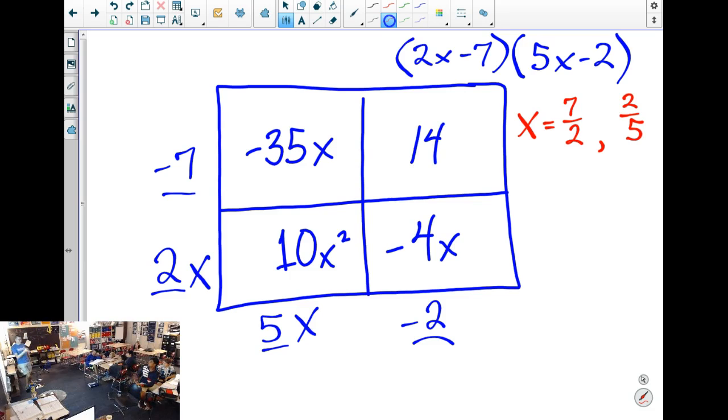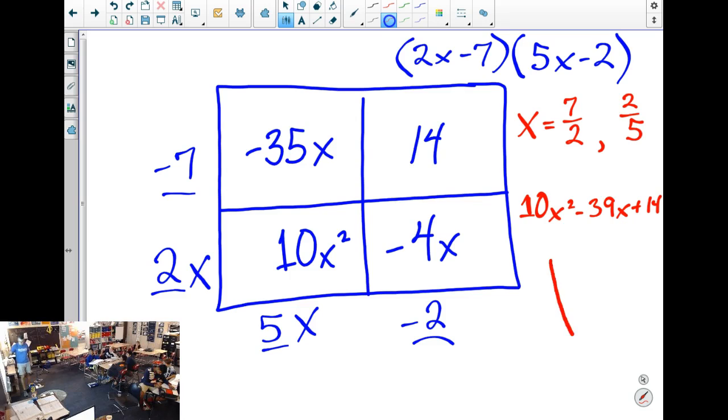Then, as we keep analyzing, because we're not at parabolas yet, but we're getting there, we would analyze 10x squared, minus 39x plus 14, that's our y equals. What way does this parabola point? Up.